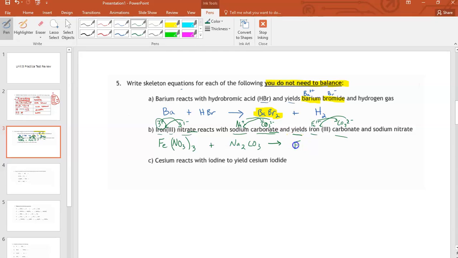I'm going to write that as Fe2(CO3)3. Now, I'm adding a 3 subscript by putting parentheses around the carbonate and putting a 3, plus sodium nitrate, Na plus and NO3 minus. They're both 1s, so we just put them together, NaNO3. Notice that 3 stays, because that's what makes it nitrate.